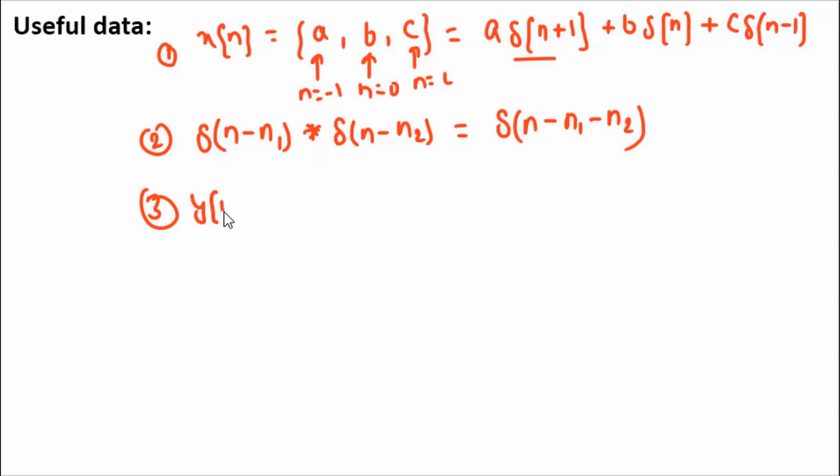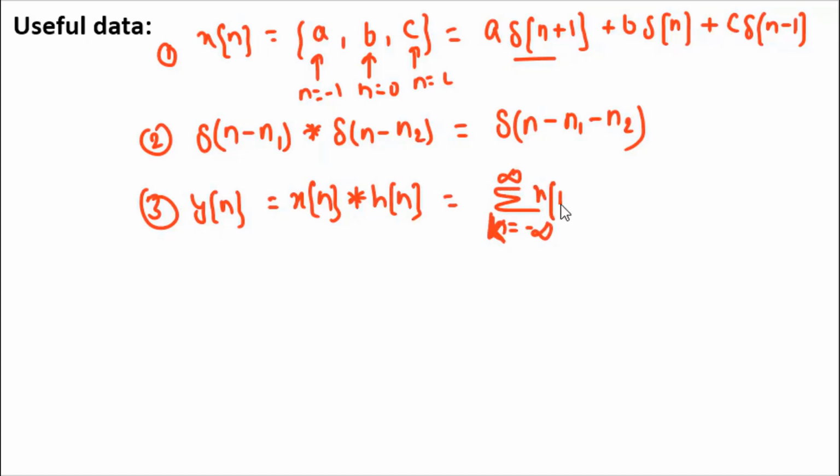If y of n equals x of n convolved with h of n, then y of n is the sum from k equal to minus infinity to infinity of x of k times h of n minus k.